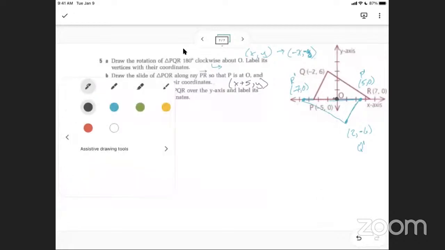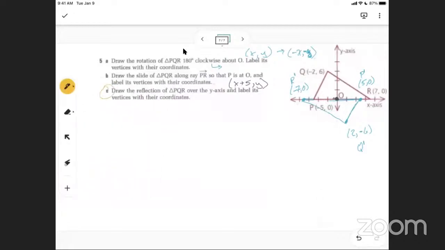And then the last one says draw a reflection. I'll do this in yellow. Draw a reflection of PQR over the y-axis. So over the y-axis means I'm going to take every one of the X coordinates and switch them, and I'm going to keep the Y coordinates as they are.